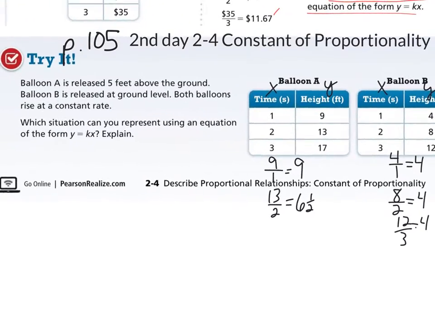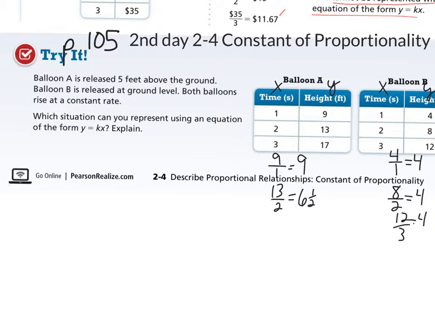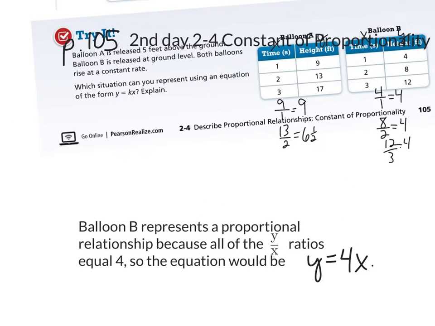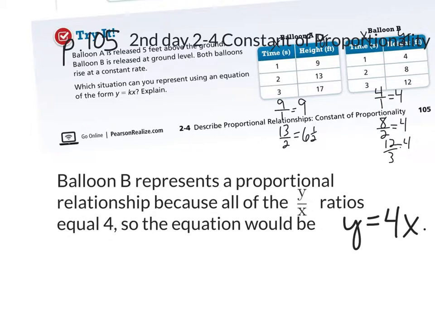So the question is, which one can you represent using an equation in the form y equals kx? So from that, we could just say that balloon B would be the one that represents a proportional relationship. All of the y over x ratios equal 4.